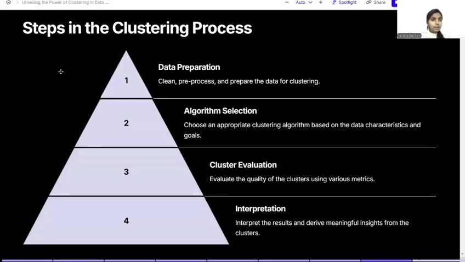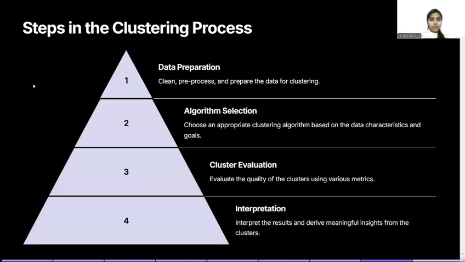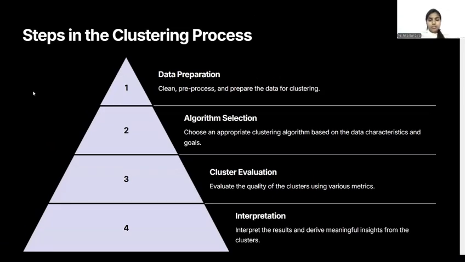So next are the steps in the clustering process. It includes data preparation, algorithm selection, cluster evaluation, and interpretation. Data preparation means cleaning, preprocessing, and preparing the data for clustering, as we learned in our previous video.